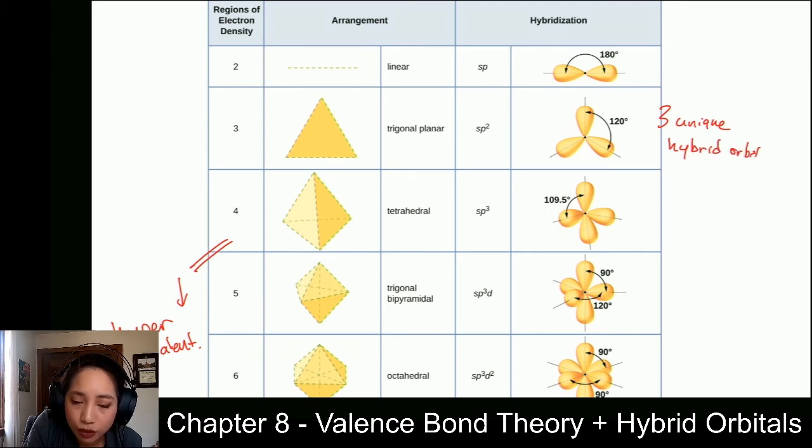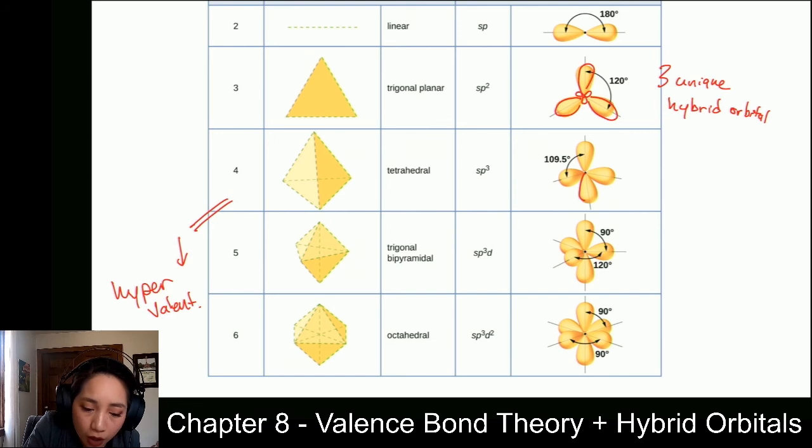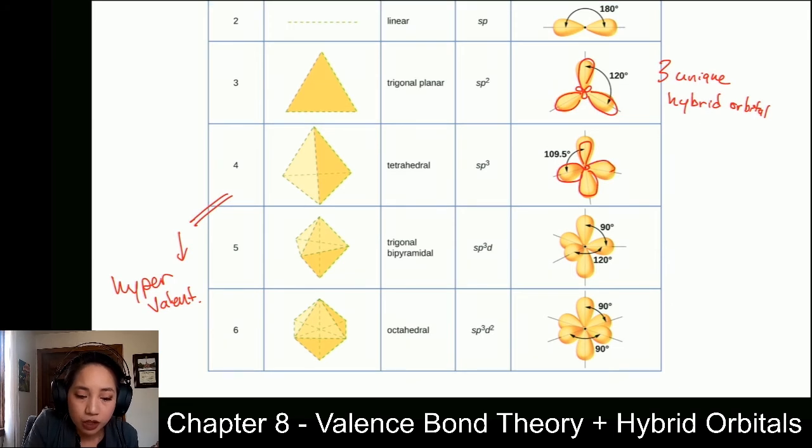Each of those lobes is its own hybrid orbital, and it's missing its opposite lobe on the other side. Books do an awful job. So there's 3 unique ones. In tetrahedral, there are 4 unique lobes, each of which will have unpaired electrons in it, and so on. Each of those lobes is its own unique hybrid orbital.